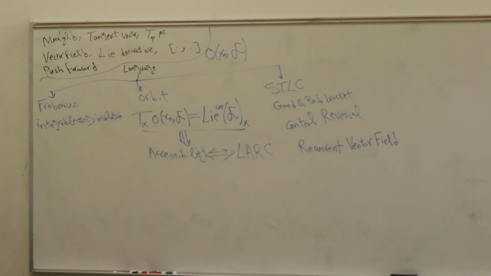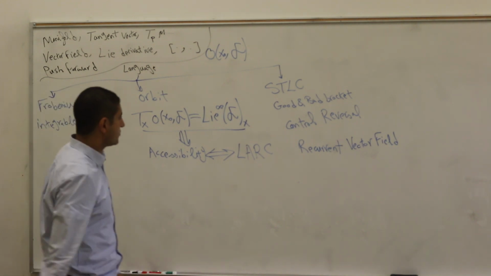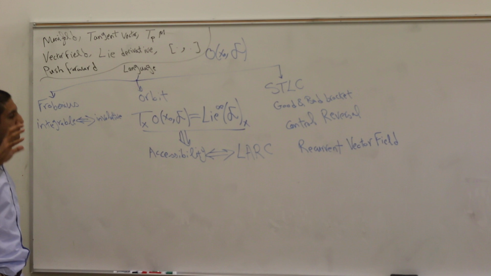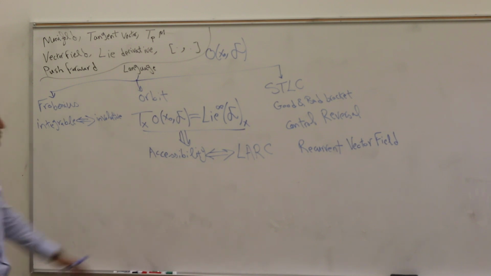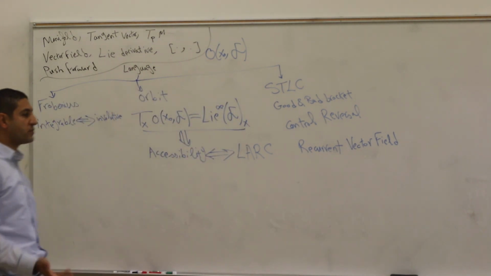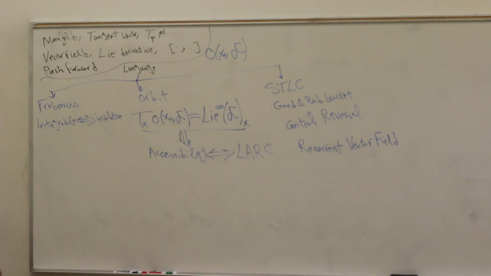So in the rigid body, there was a bad bracket that cannot be neutralized. So it precludes small time local controllability, but there is still a hope to get controllability, not small time, if your drift vector field is recurrent, so whose flow is periodic, and it was indeed the case. So we could conclude full controllability, but not small time.